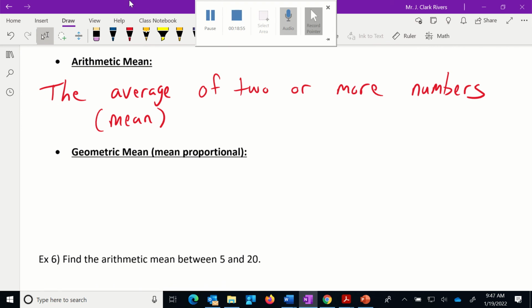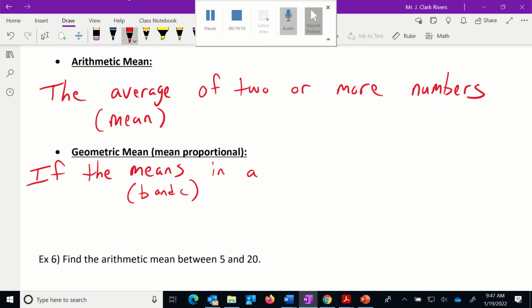So the geometric mean. If the means, which is, remember, B and C, right? B and C. If the means in a proportion are equal, right?